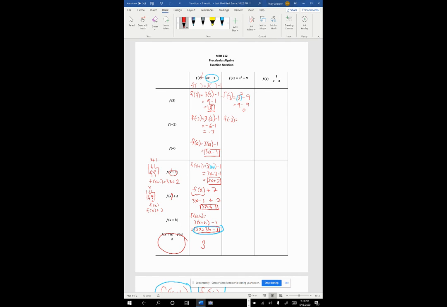I've got to be careful. If I write negative 2 to the second like that and put it in my calculator, it will say negative 4. But that's not what the problem says. The problem says your input gets squared. So you have to have parentheses on that negative 2. And when you square a negative 2, that's positive 4, isn't it? You see that? And then 4 minus 9 would be negative 5.